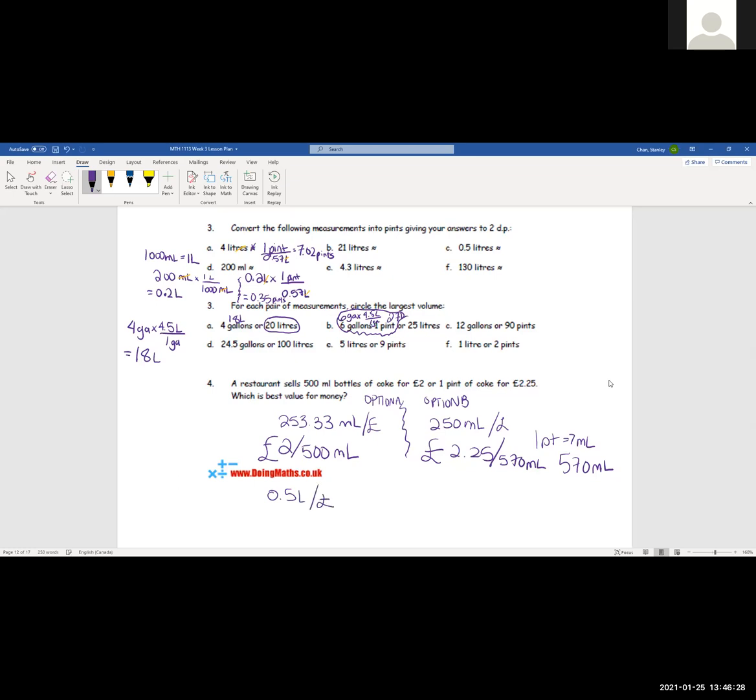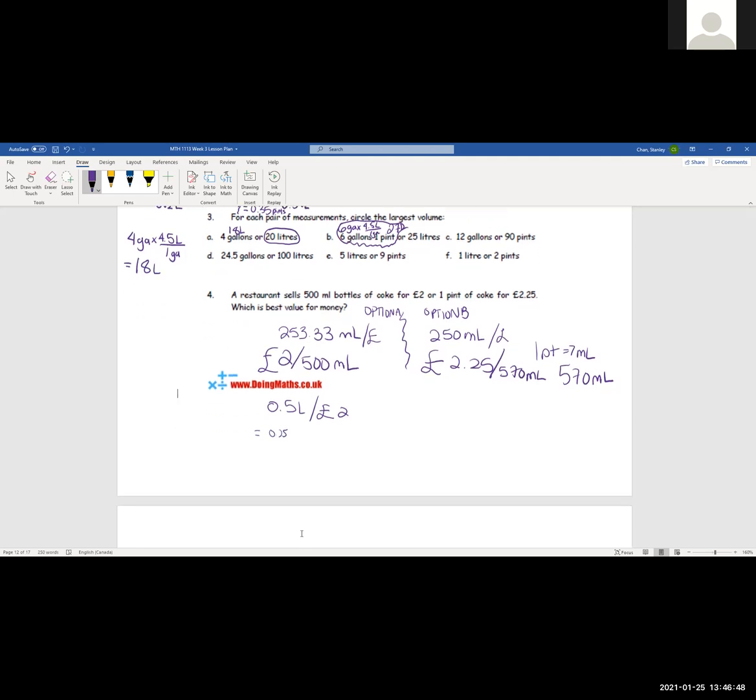For the first 500 milliliters, I converted it to 0.5 liters, and then divided by 2 euros, which gave me 0.25. And for 1 pint, I just converted into liters, like 0.57, and then divided by 2.25, which gave me 0.253 liters per euro.